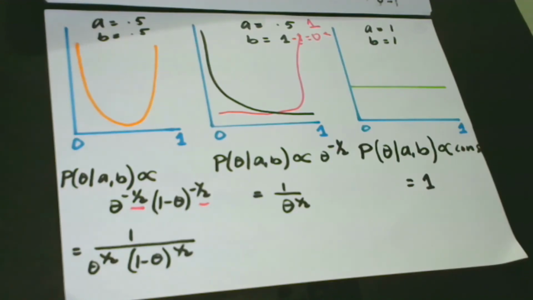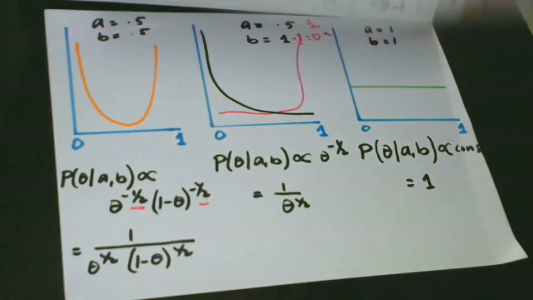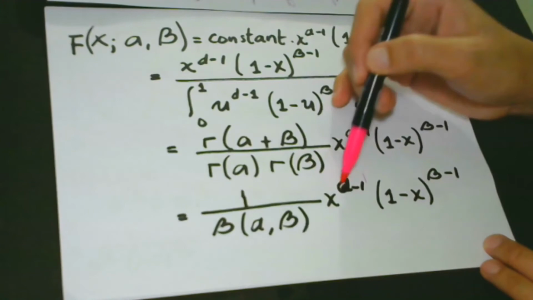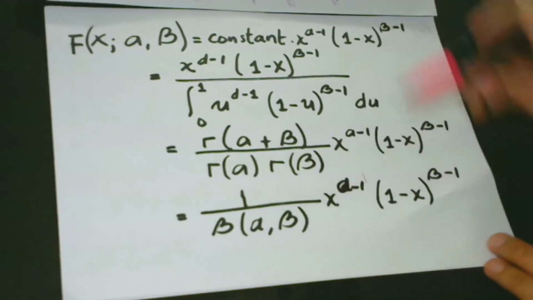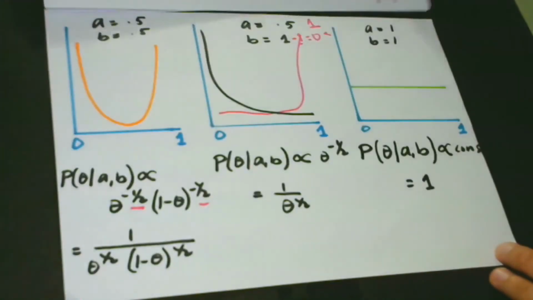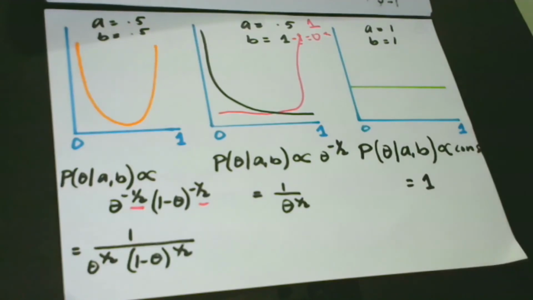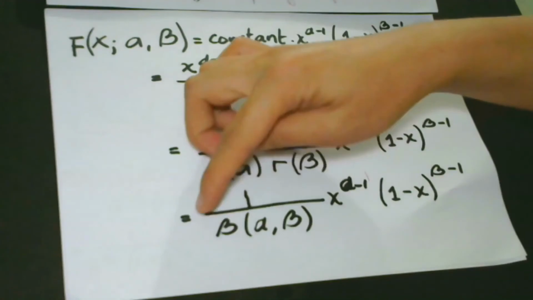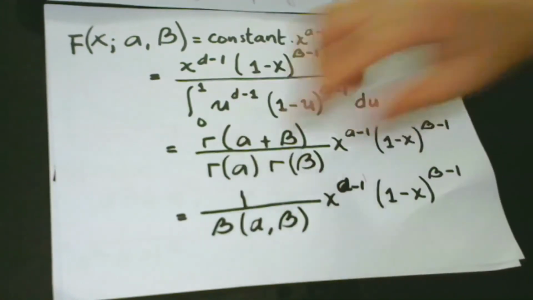Remember, let's go back to this one first. This becomes 0, this becomes 0, and then we have the constant 1, and what remains is the constant, which is 1.